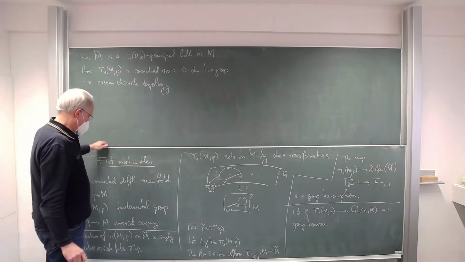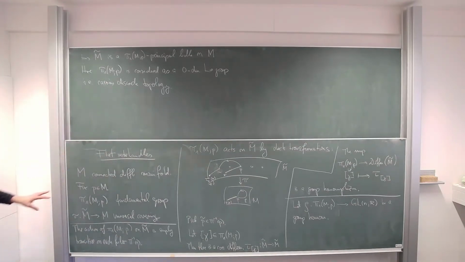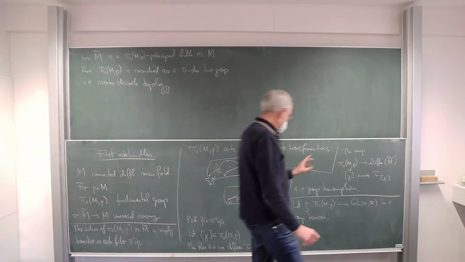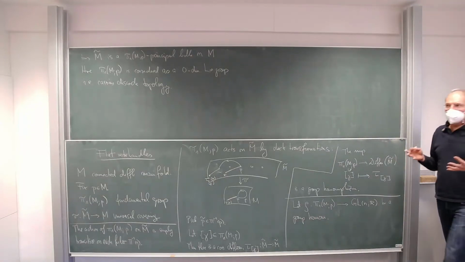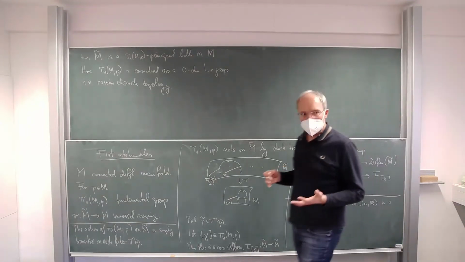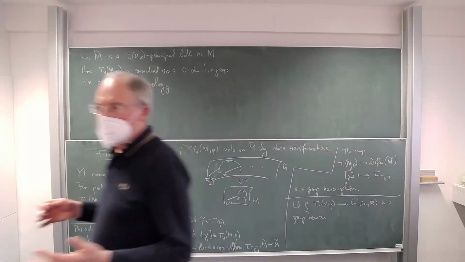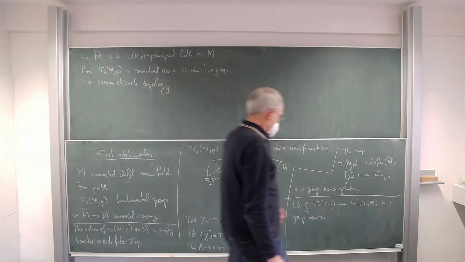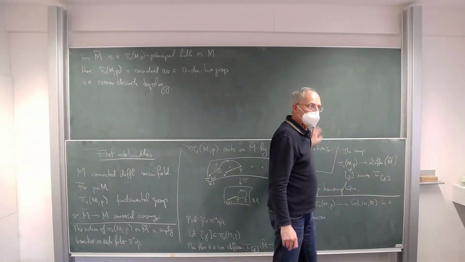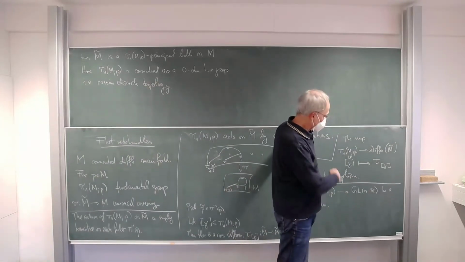And so now we have this particular principal bundle that we always get for any manifold when we look at its universal cover. And if we have a principal bundle, then any representation of the structure group gives rise to a vector bundle by associating this representation space to the principal bundle. And that's what I want to do now.